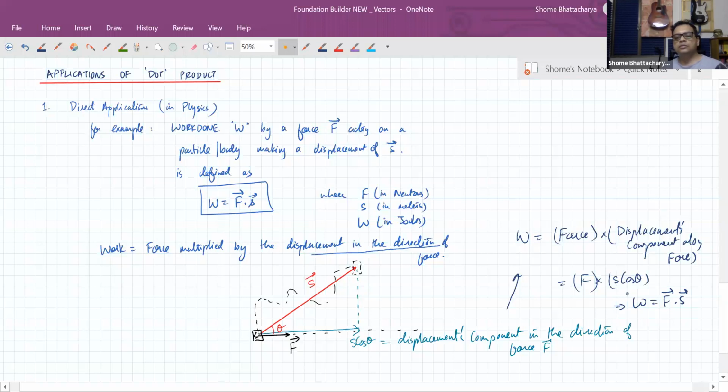Okay, so this is the reason why, instead of giving such a lengthy definition in words, once we are familiar with vector algebra, we just define work done in this way, that it is the scalar product.